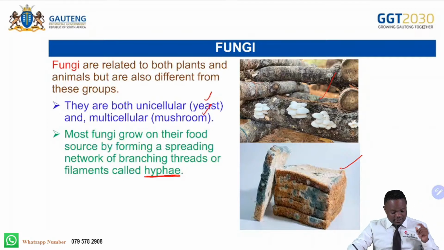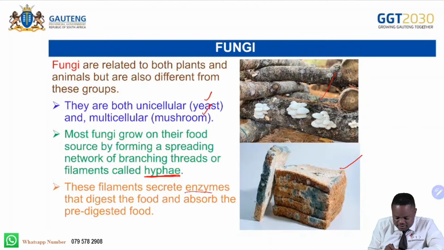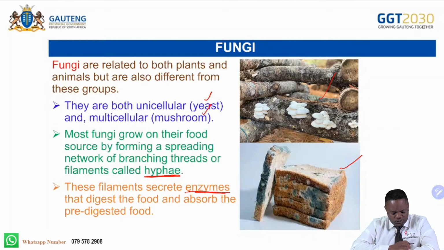In our lesson today is something called hyphae linked to our fungi. So remember, those spreading filaments or branches of our fungi, we refer to them as hyphae. The function of those hyphae is to secrete enzymes. I'm sure you're familiar with enzymes. These enzymes are the ones that are going to break down our food so that it can be absorbed. So this is what we know now about our fungi.